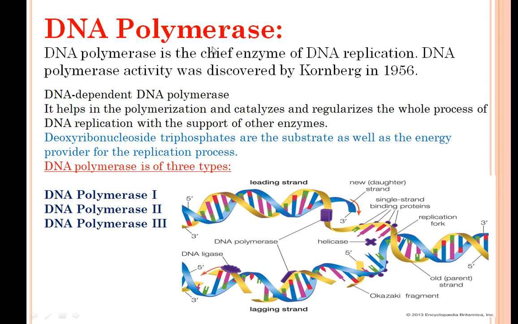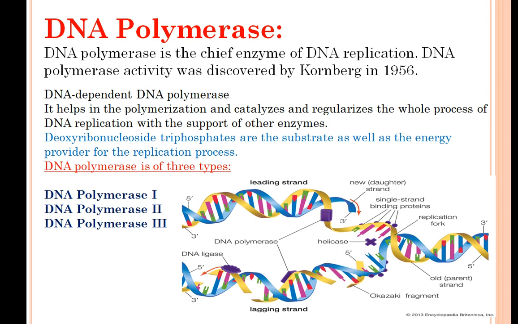Now DNA polymerase. DNA polymerase is the chief enzyme of DNA replication, and DNA polymerase activity was discovered by Kornberg in 1956. Kornberg succeeded in demonstrating the in vitro synthesis of DNA molecule using a single strand of DNA as a template.